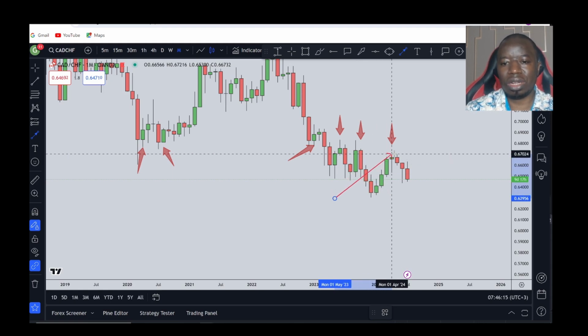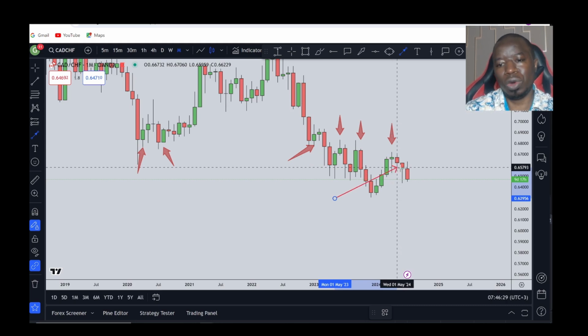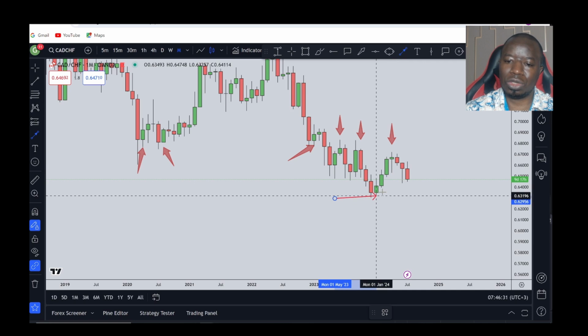Now the fact that it's been rejected again, it's about probabilities, but from what we are seeing, we can technically deduce that we will potentially see price come to retest these lows or even create a new lower low.